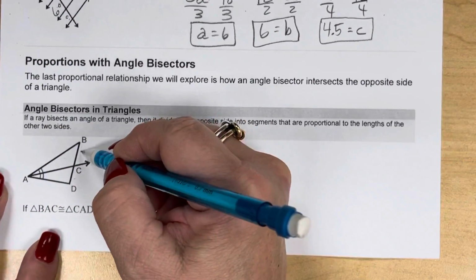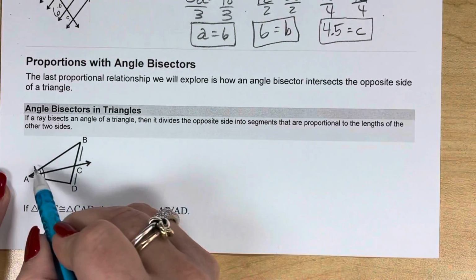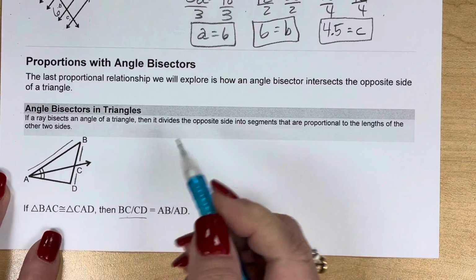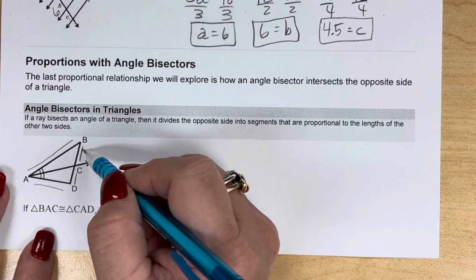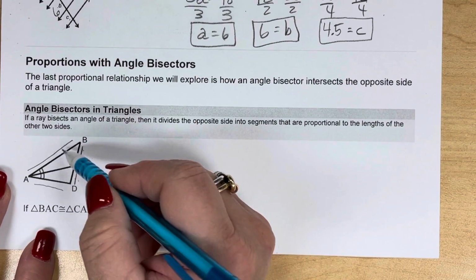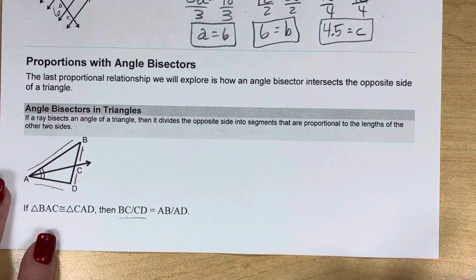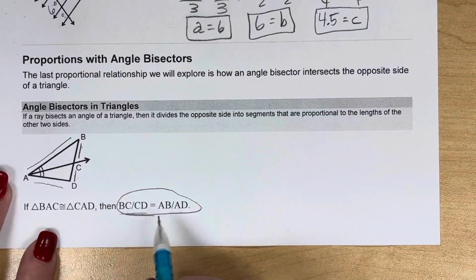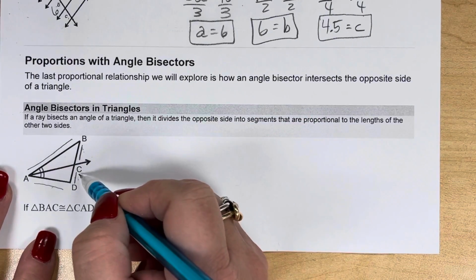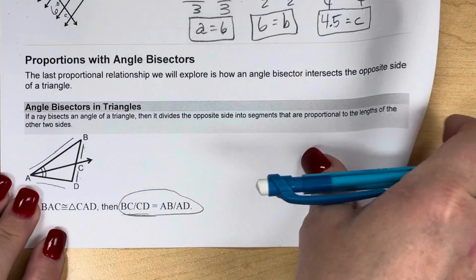So in other words, this one over this one is equal to this one over this one. So in other words, the top over the bottom, the top over the bottom. And then you're able to set up a proportion following that guideline. So you might want to circle that. Just remember top over bottom, top over bottom. And that's the way you could set that up to solve for any missing measure.